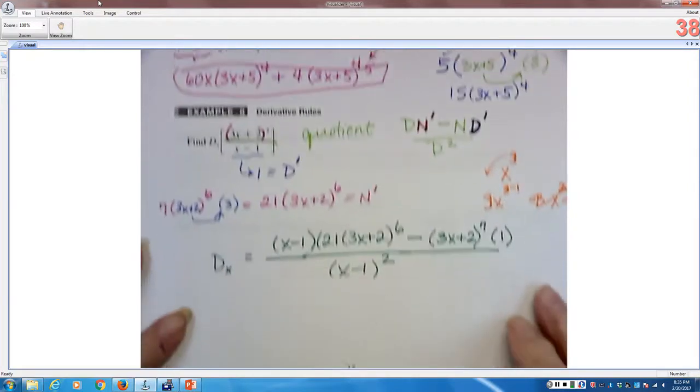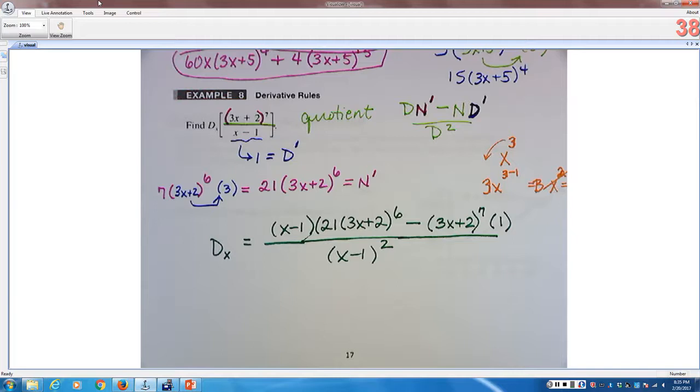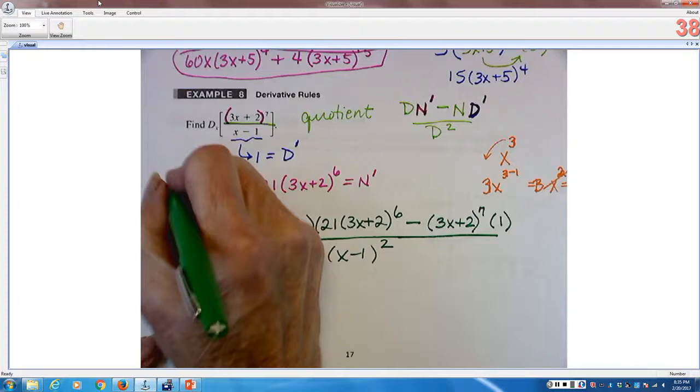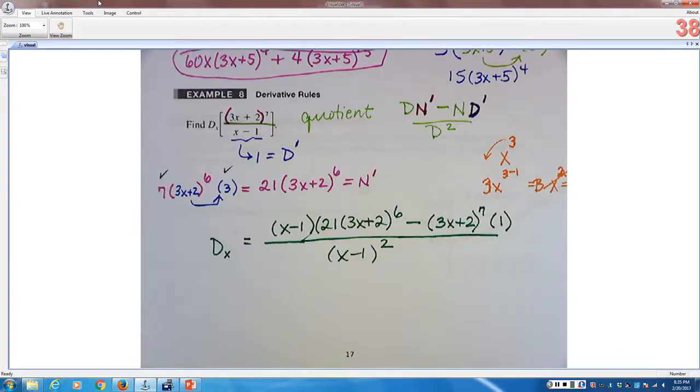And you could actually stop there. The 7 times 3, okay? Anybody else not see something? Actually, I would need one more thing here.